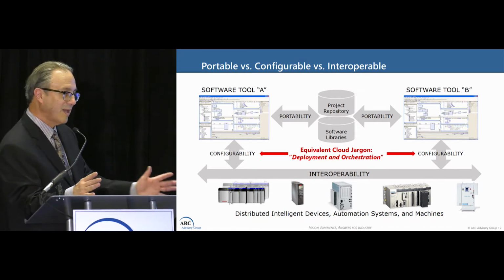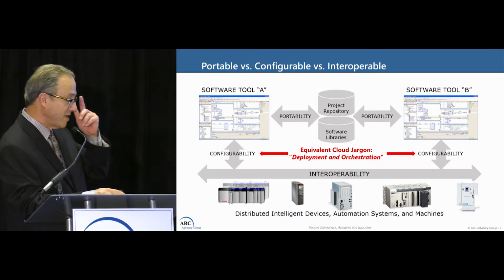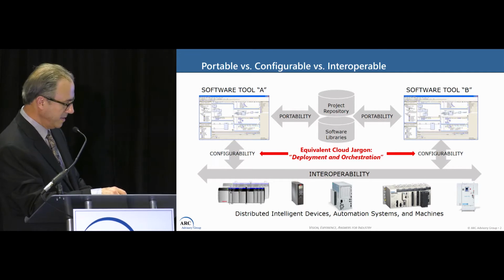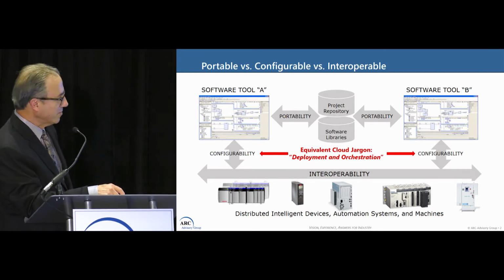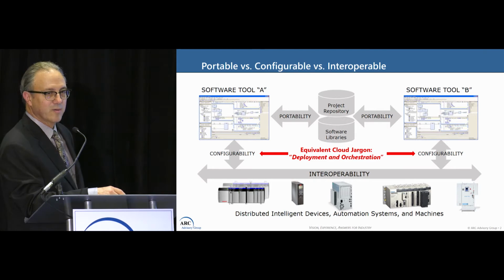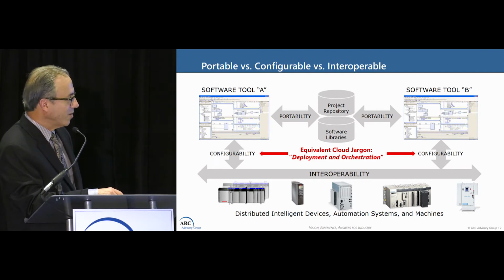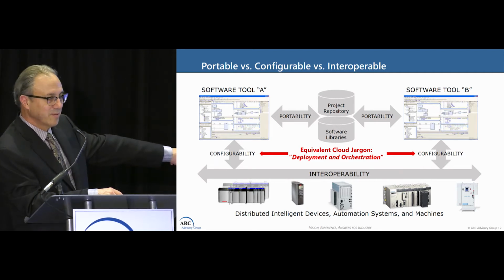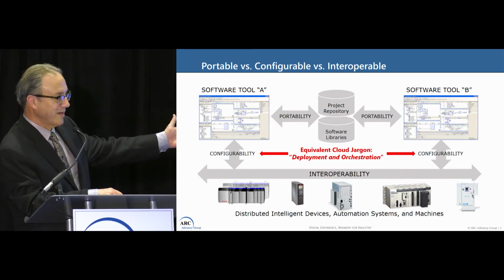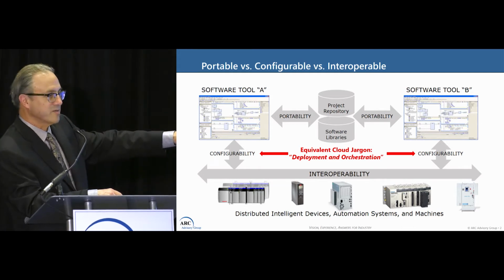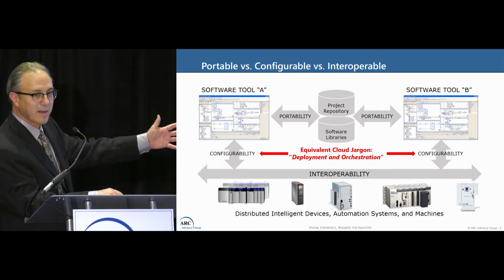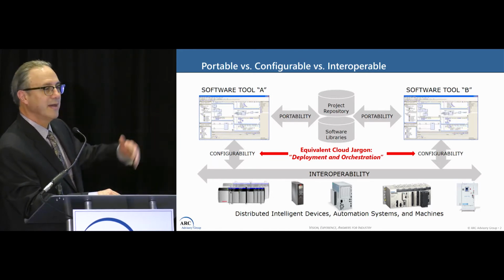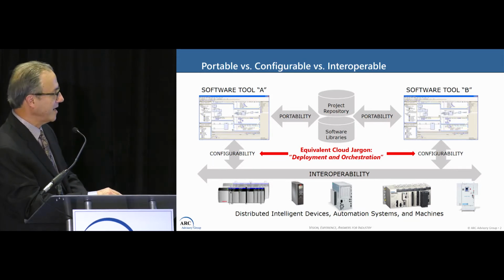Now, in cloud jargon, I think these words are expressed differently in what they mean. We'll talk about things like deployment and orchestration. What they mean by deployment is building your application and moving it to the place where you want it to run, starting it up, and orchestration refers to monitoring the state of that application, managing the scale at which it's deployed, and keeping track of the health of the application.